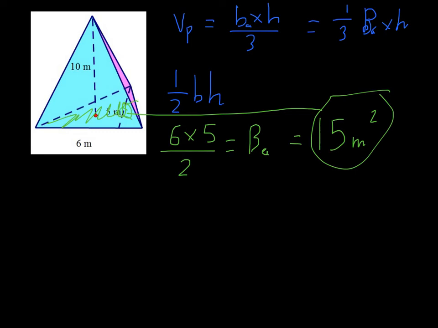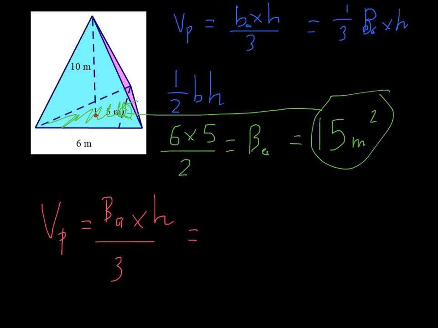Now that I've got the base area, I can then work out, using the same pyramid formula, the volume of this triangular-based pyramid. The volume of any pyramid is equal to the base area times by the height divided by 3.